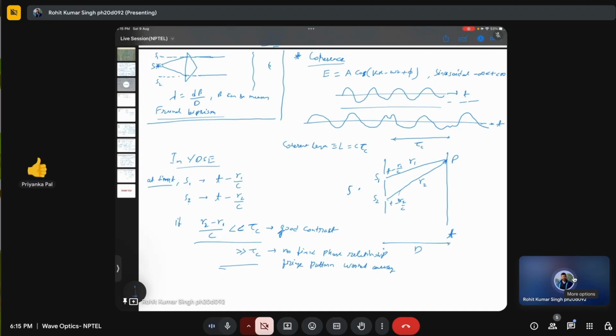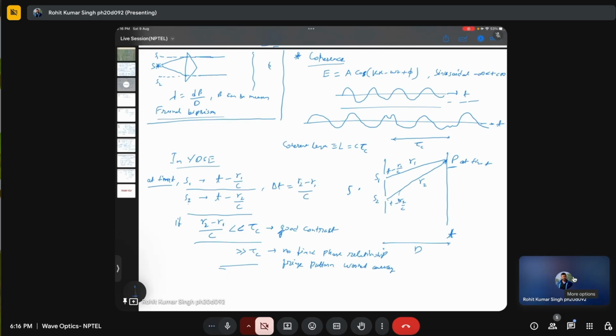Now, if you are looking at time t at point P on the screen, the two waves reaching there, which are causing the interference, have been emitted at t minus r1 by c, where r1 is the distance from S1 to P, and the other at t minus r2 by c. The time difference delta t is r2 minus r1 by c.